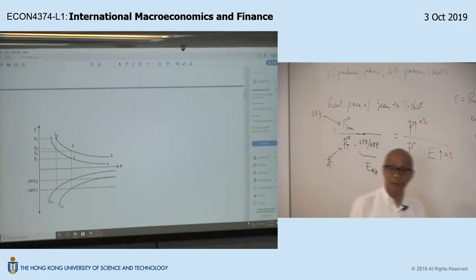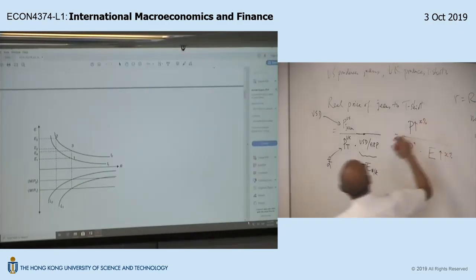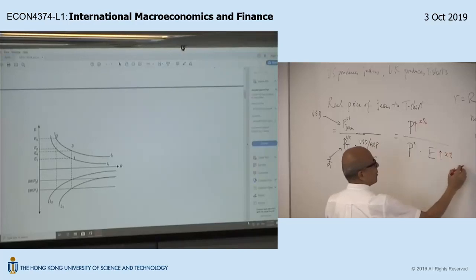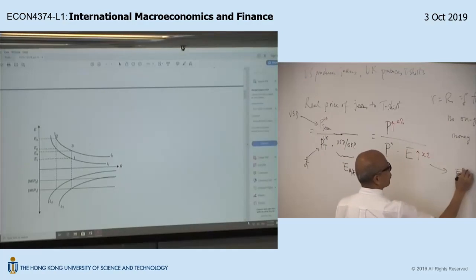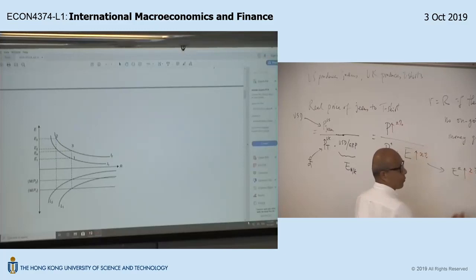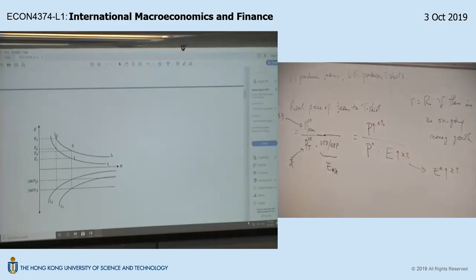Right? So therefore, in the long run, because this increased by X%, E also increases by X%. You see, in the long run. So that explains why the L curve shifts from L1 to L2.